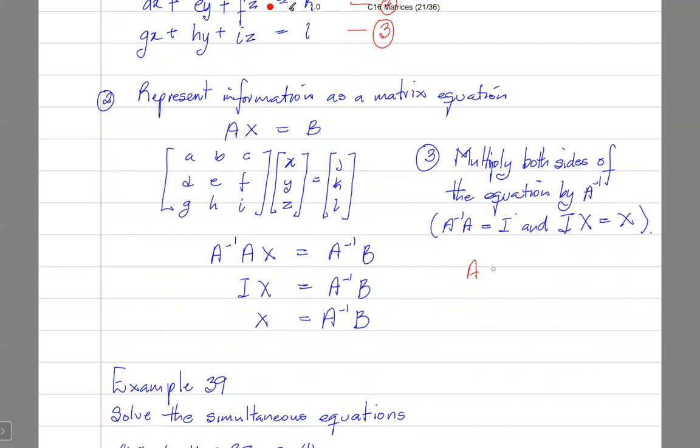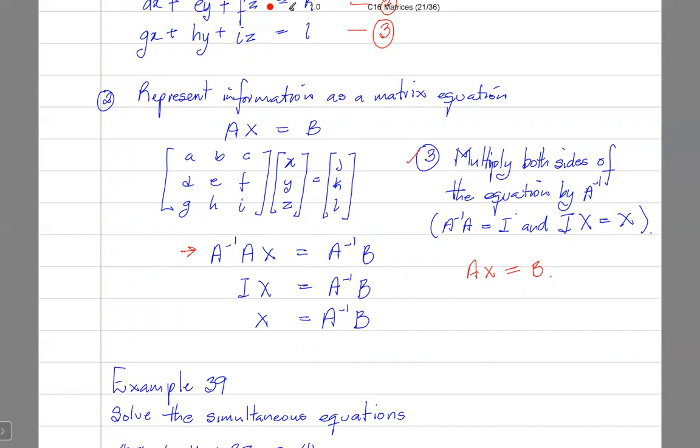We have AX is equal to B. The next thing we're going to do, at step 3, is multiply both sides by A inverse. So we have A inverse times A times X is equal to A inverse times B.